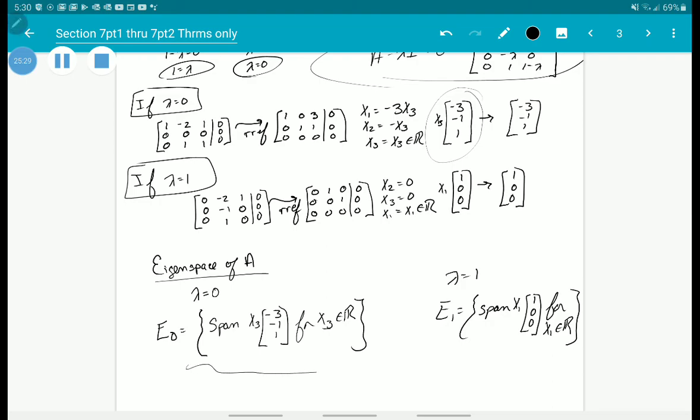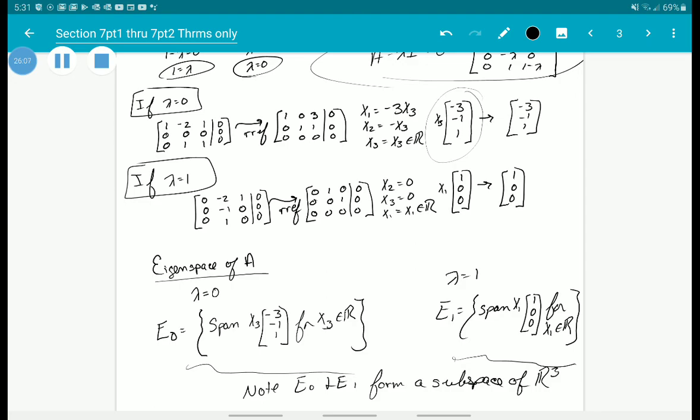Now, both of these spaces actually form a subspace of R3 in this case. So they would satisfy the two pieces of the subspace definition, where it's closed under addition and scalar multiplication.